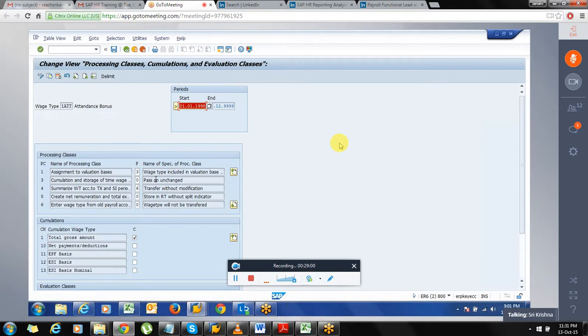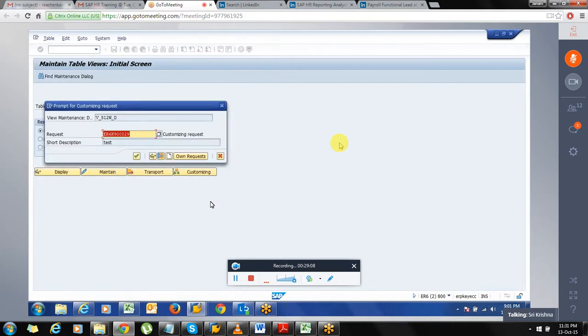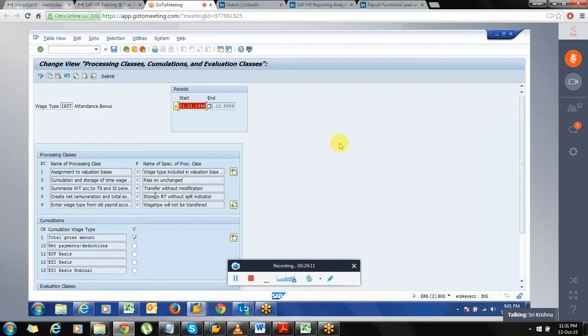One is processing class 20. It won't go directly to RT. Okay, the other thing is processing class 5, where we maintain store in RT without split indicator.